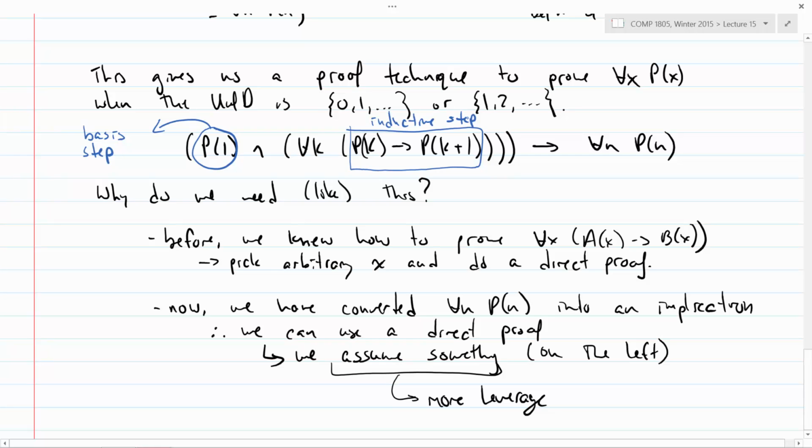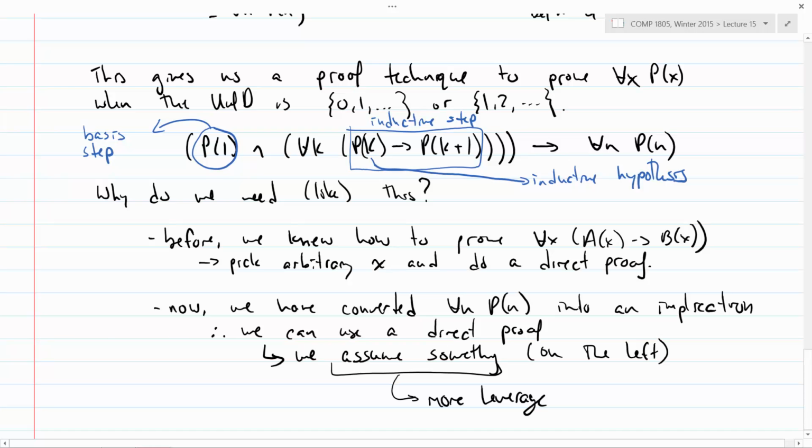And in particular, this PK is called the inductive hypothesis. Because I'm going to prove the implication for all k, pk implies pk plus 1. So what will end up happening is I'll take an arbitrary k, because that's what I have to do for universal generalization. And I'll assume the thing on the left, which is pk. So that's why I call that my inductive hypothesis.